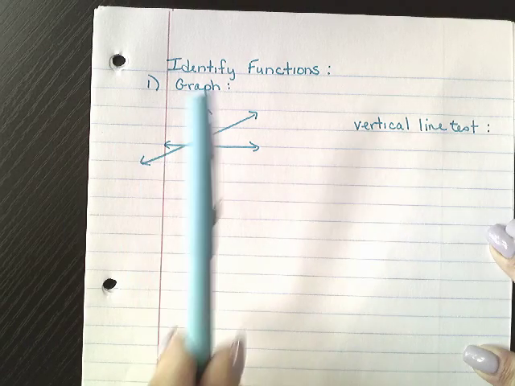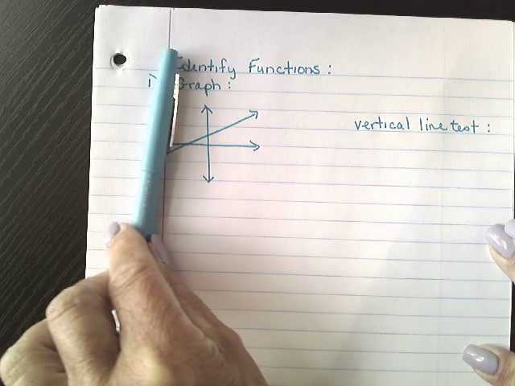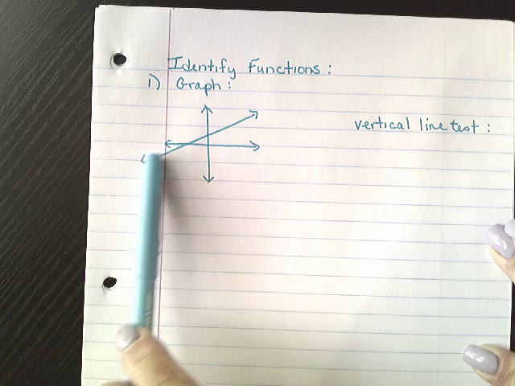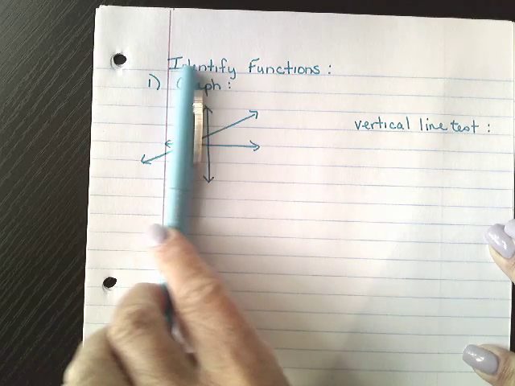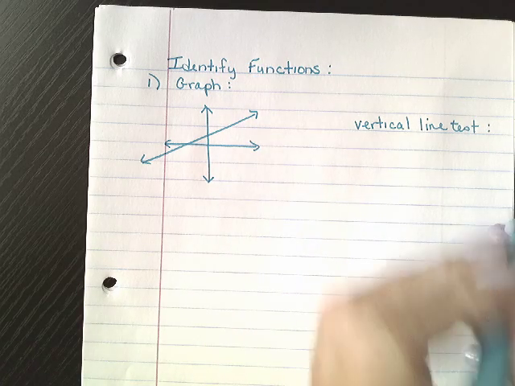Vertical line test. If I'm taking my pencil and I'm coming across my graph from left to right, and I am only touching 1 point at a time on my vertical line, then it is going to be a function.